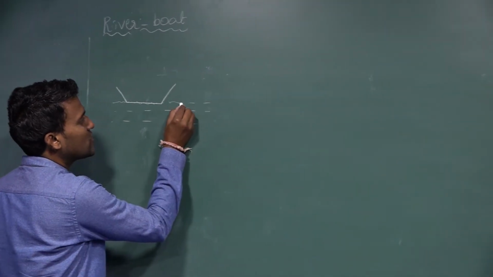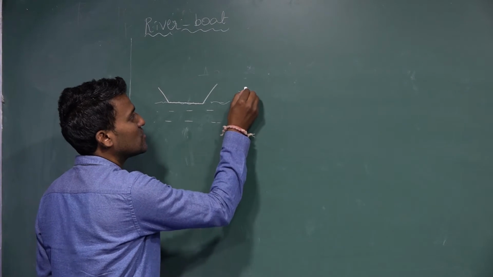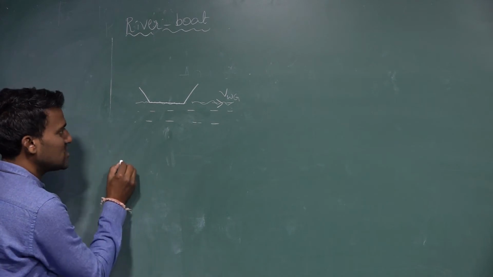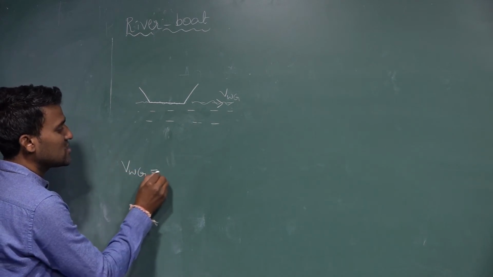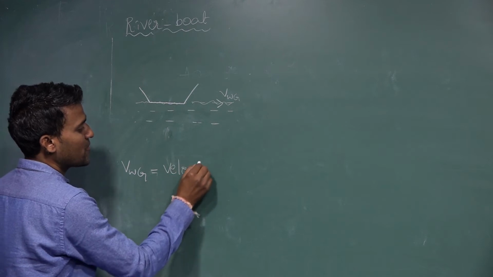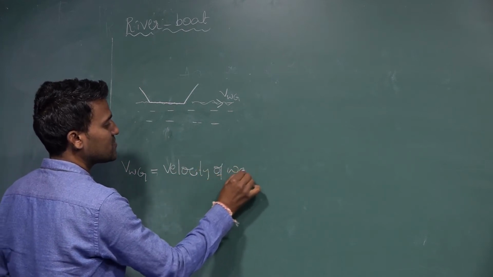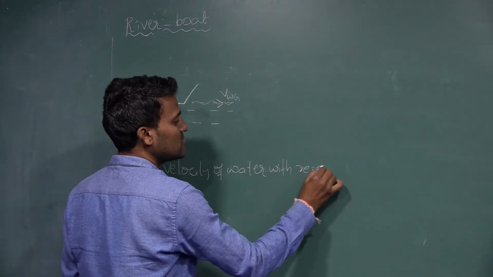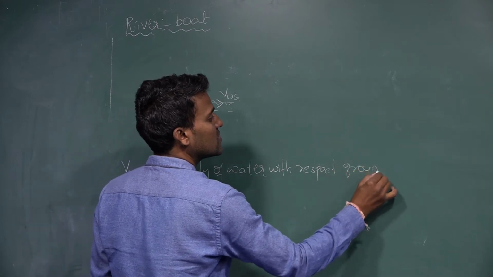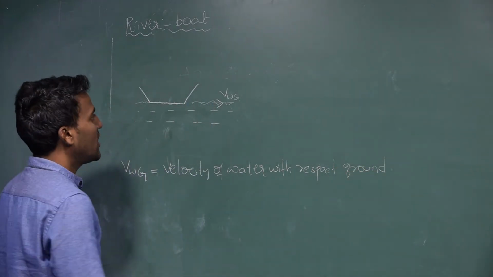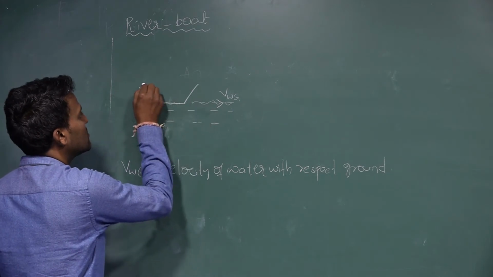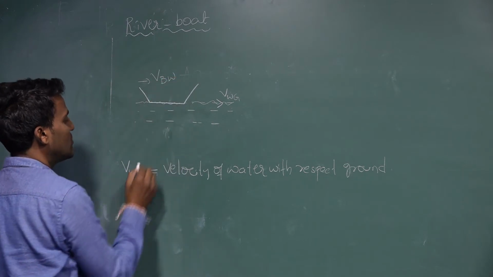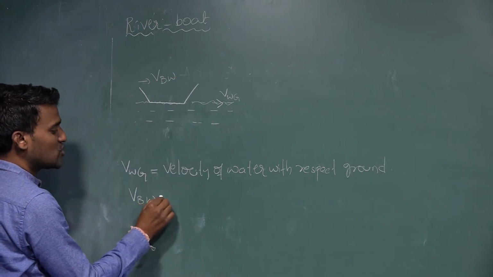Now, the river velocity, or velocity of the water with respect to ground, I am writing here as VWG. VWG is the velocity of water with respect to ground, and the boat velocity is VBW, the velocity of the boat with respect to water.